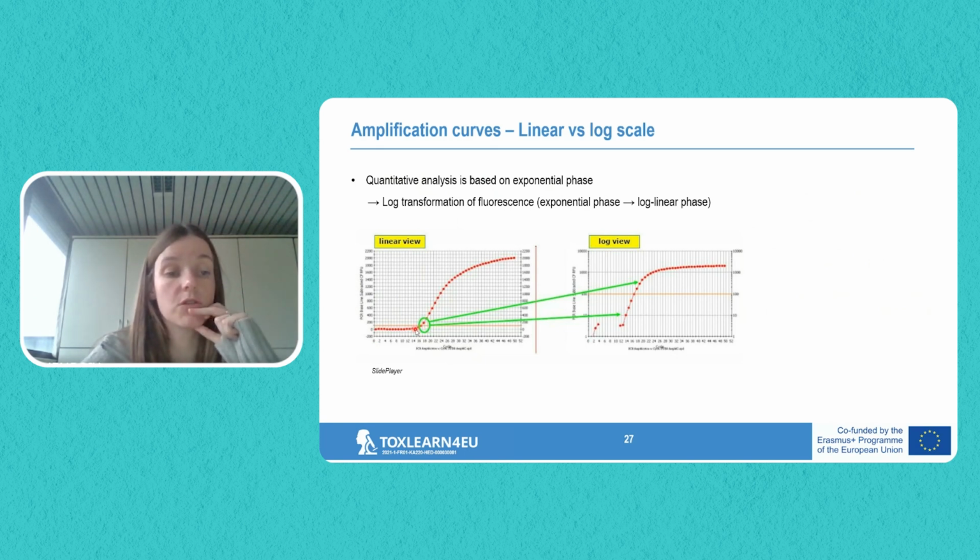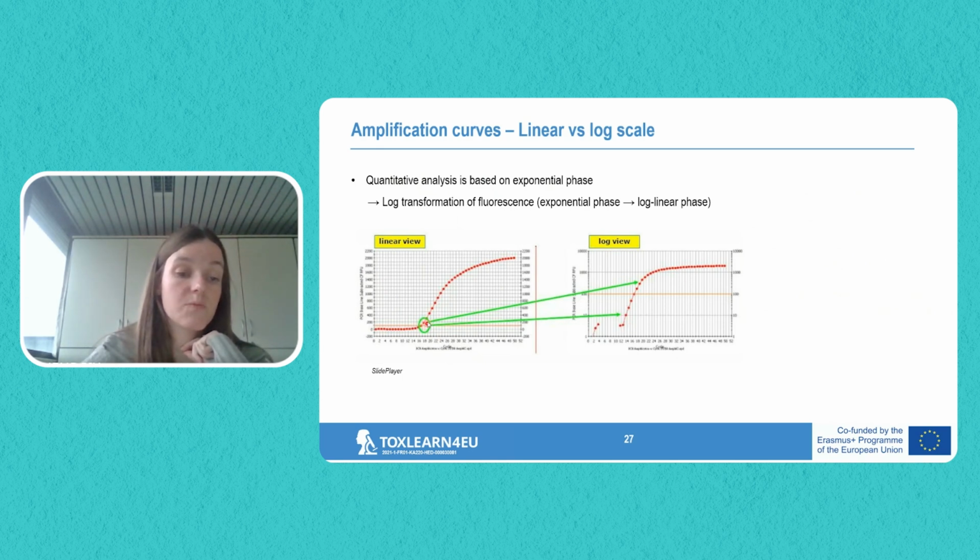So what's usually done is to log transform the fluorescence. So here the values on the y-axis are put in a logarithmic scale rather than a linear scale. And what will happen as a consequence is that this exponential phase will become linear.